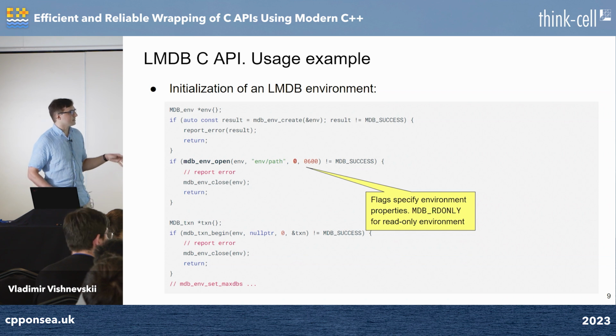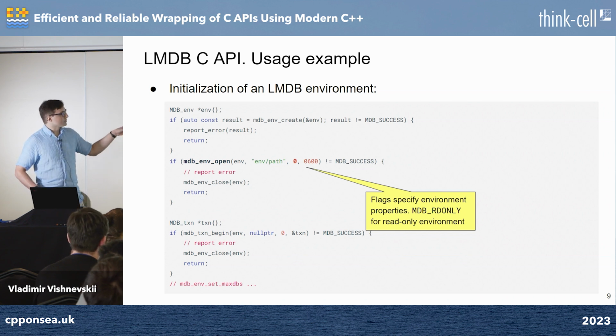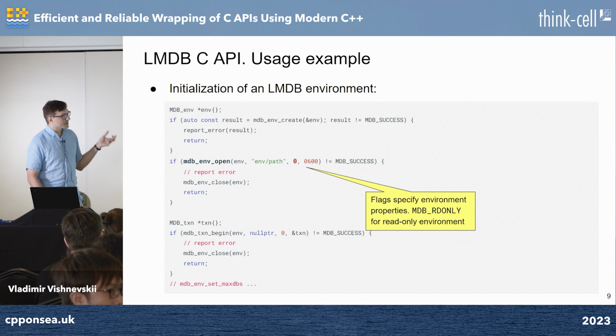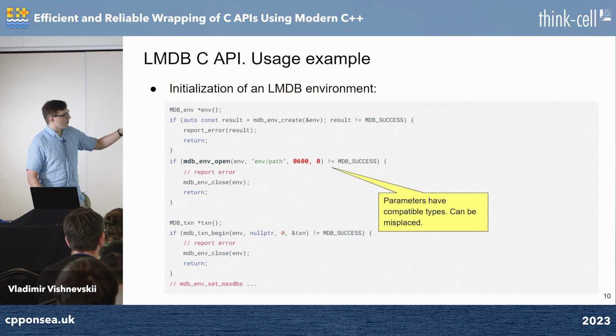No modification is allowed. This will be verified and checked at runtime. The fourth parameter is the default file permissions for the files that will be created within the environment. Generally, both parameters have compatible types, and I can easily misplace them here.